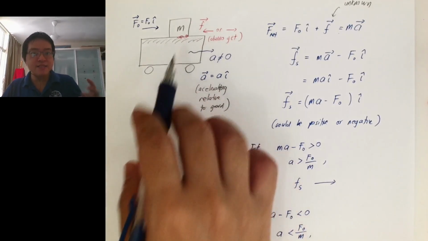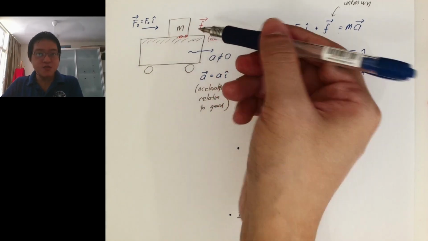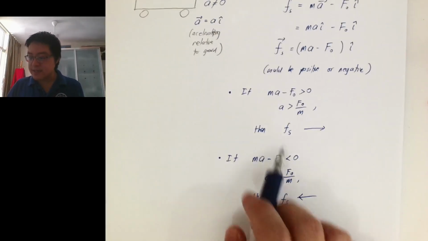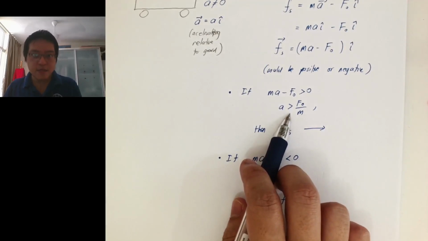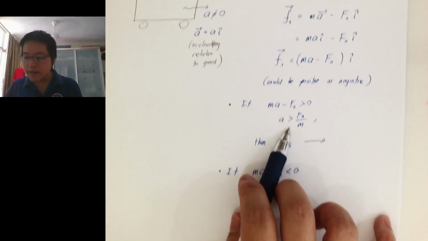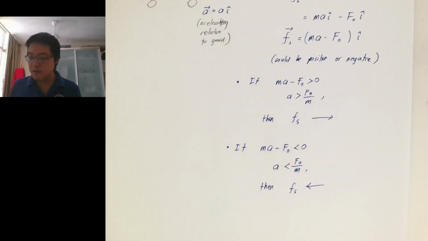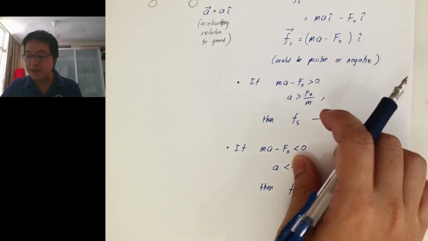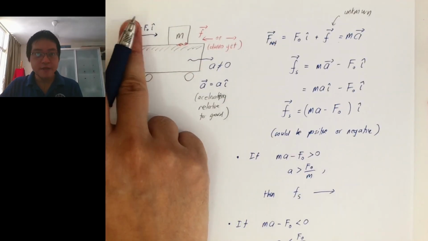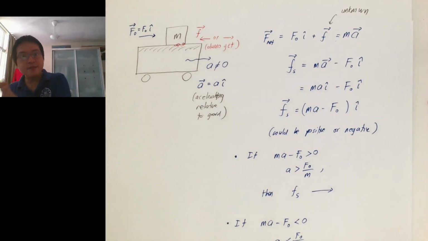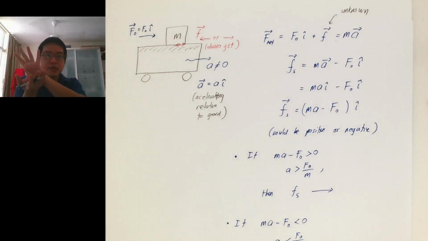So if the acceleration is small, the friction is still to the left to keep it fixed to the surface. But if this is accelerating at a very fast rate, then you actually need the forward direction to keep it fixed to the surface. In fact, if there's no external force and there's some friction, when the trolley accelerates, then the friction will make sure the box accelerates together.